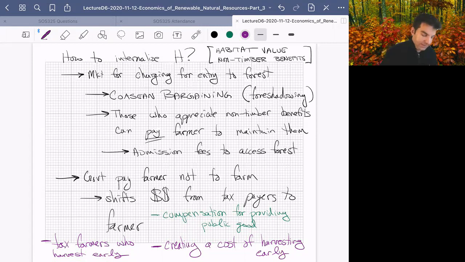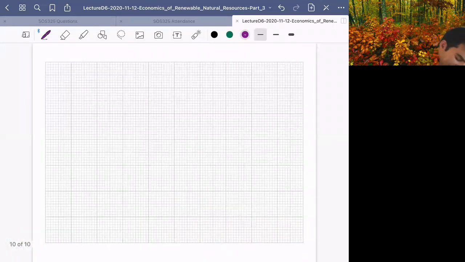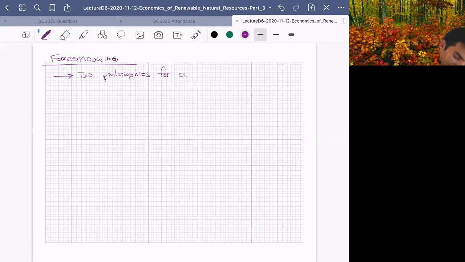All right, I guess I'll mention, since I was foreshadowing, again, this is going to come up a little bit later, but there are sort of two philosophies for correcting negative externalities.